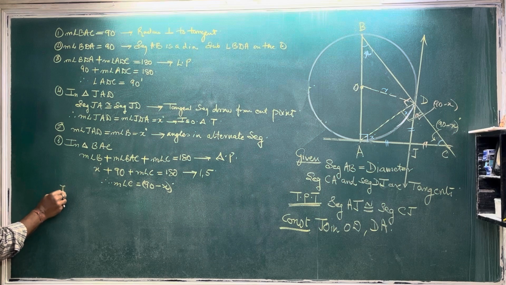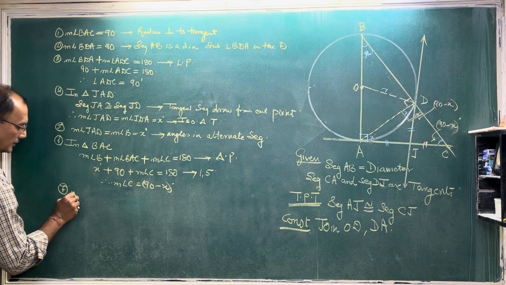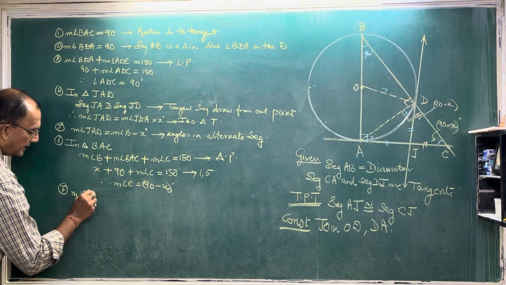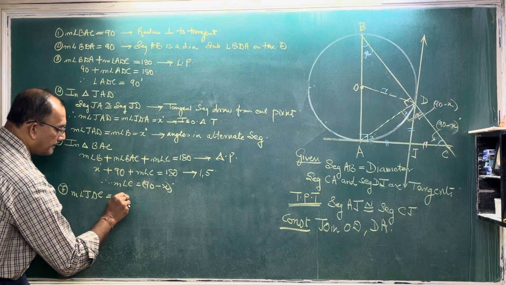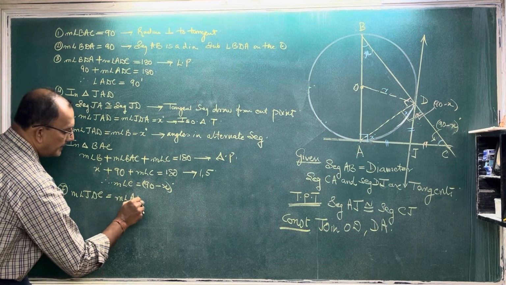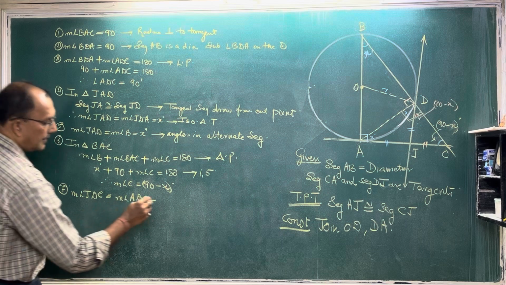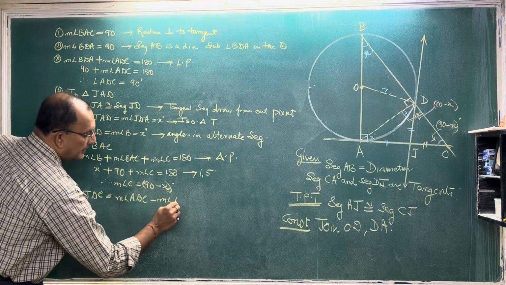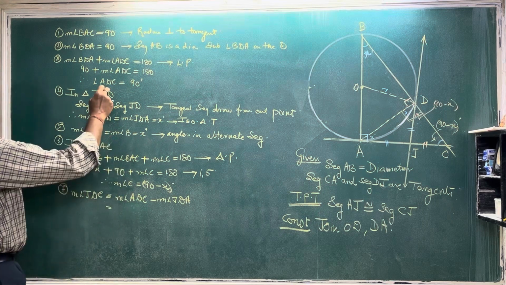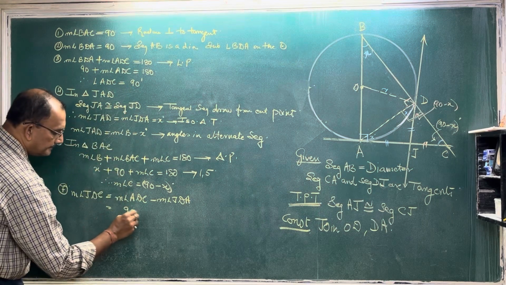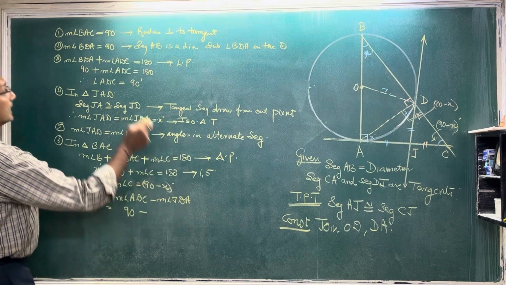Point number 7. Measure of angle JDC is made up of measure of angle ADC minus measure of angle JDA. ADC is 90 minus JDA.